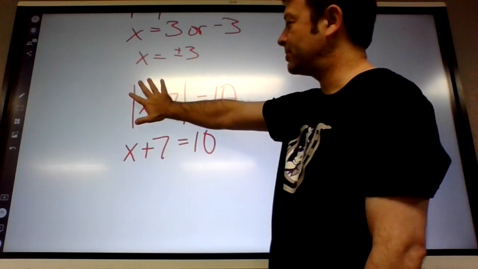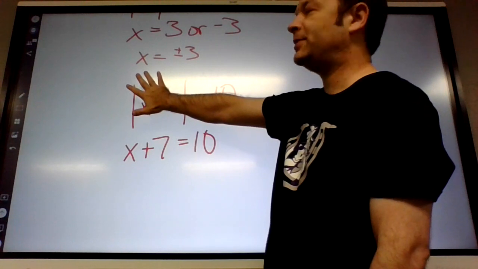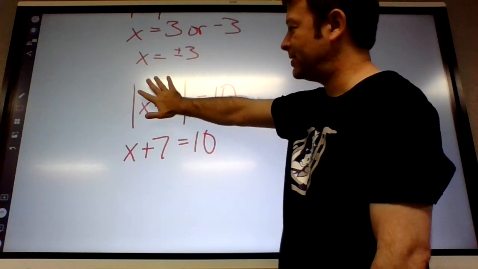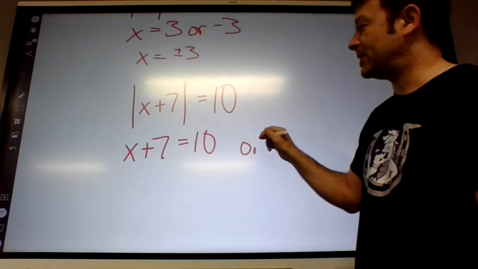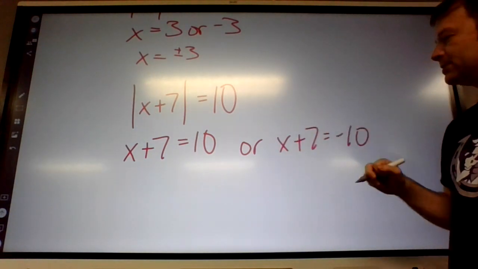But what else could this all in here equal? Negative 10, right? Because if this is a negative 10, the absolute value is going to make it a positive 10. So it's x plus 7 equals 10 or x plus 7 equals negative 10.